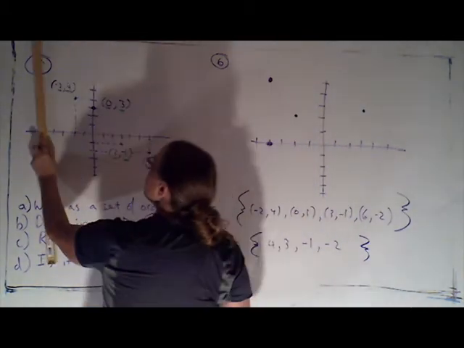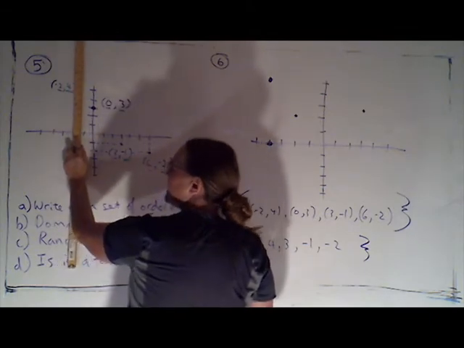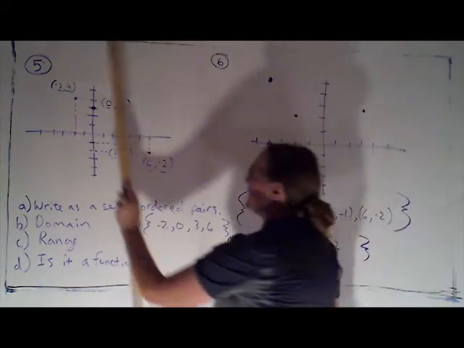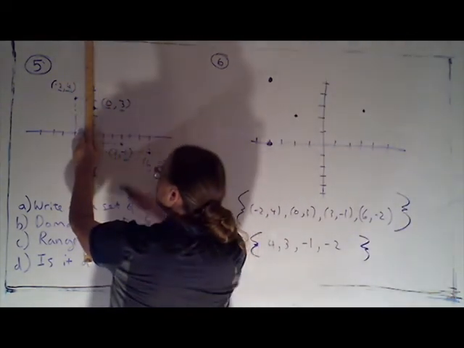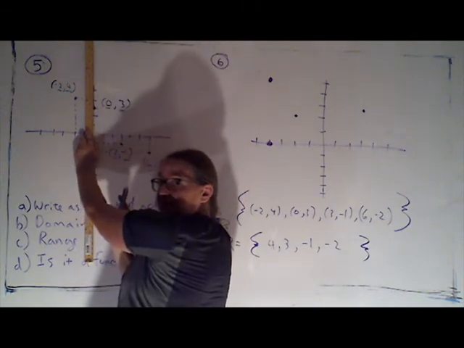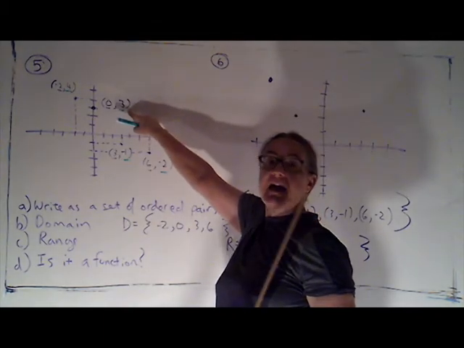But if I move my vertical line to different locations, a lot of times it doesn't intersect the function at all, because there are only 4 different x values where I have a point. But here, when x is 0, there's only one point on the vertical line whose equation is x equals 0, so that means there's only one y value associated with that x.